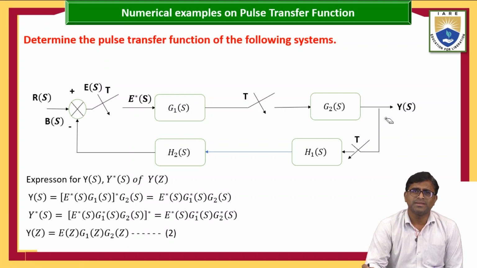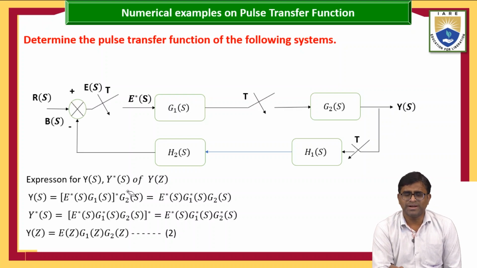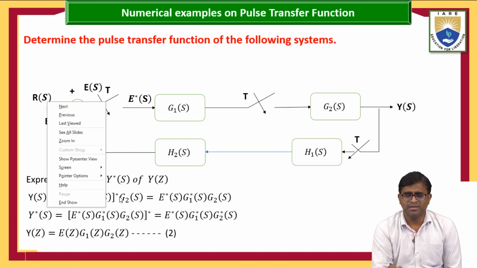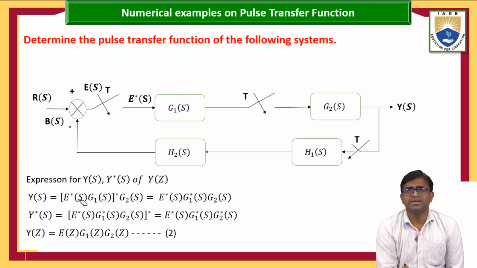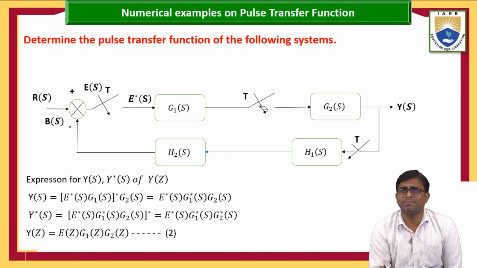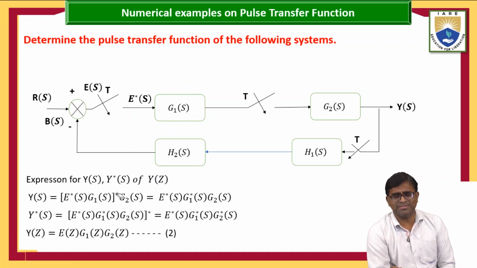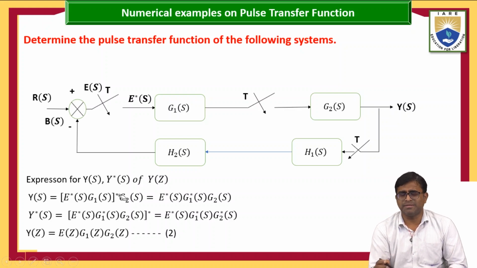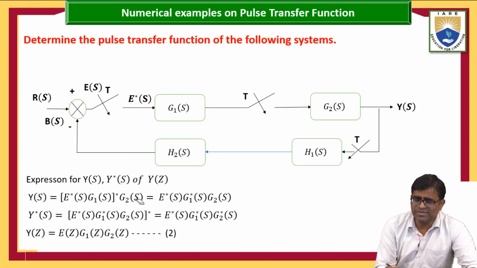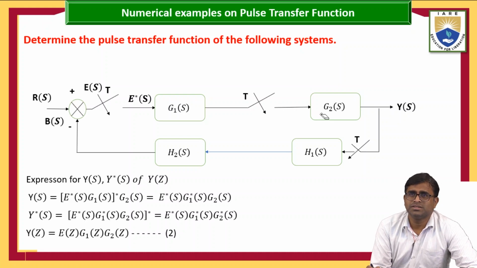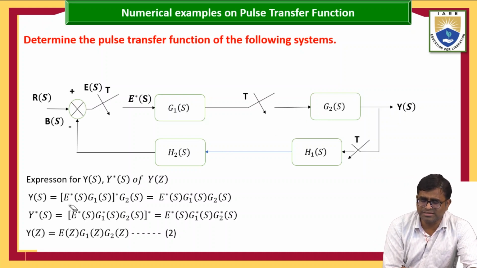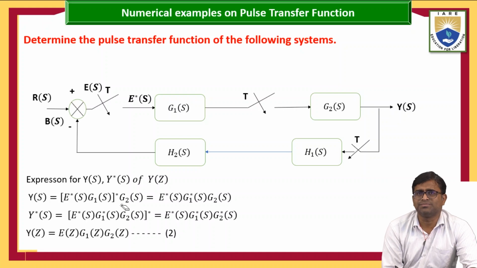It is E star of S into G1 of S. For this total function I apply the pulse, which is why a star comes here. After that, G2 is there.